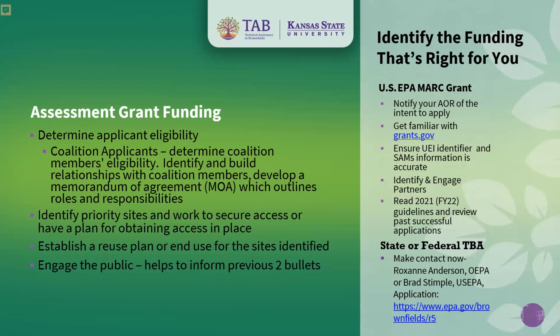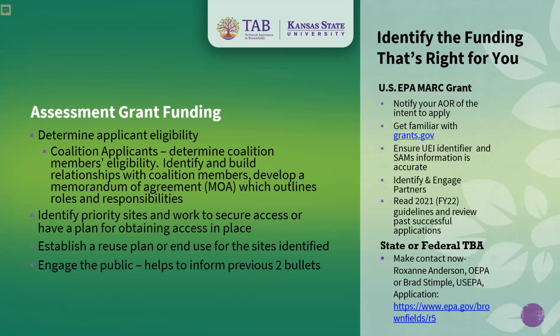So if you are going for assessment grant funding, right now you can start determining your coalition if you're going for a coalition grant. Build real relationships, start working on that MOA. That's very important. EPA is going to want to know that you have a good MOA and you've identified clearly who is going to be doing what with this grant.